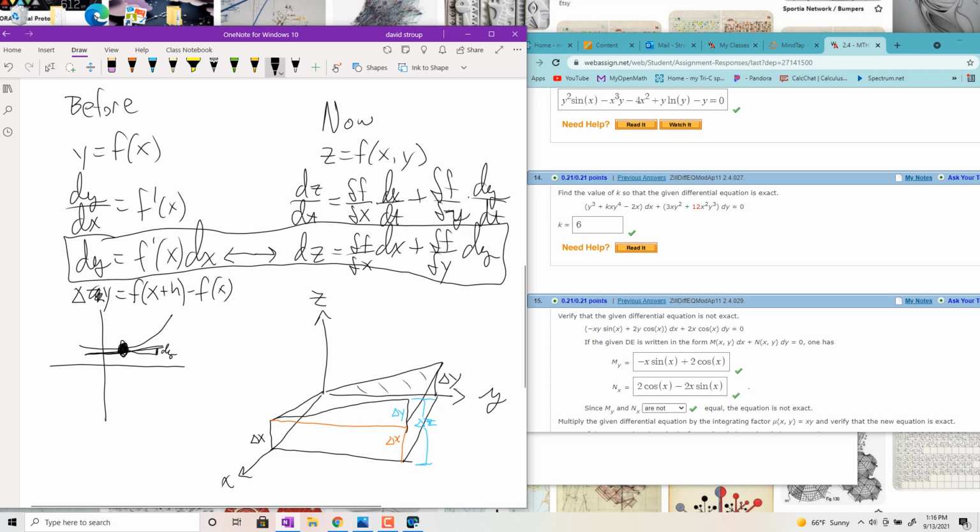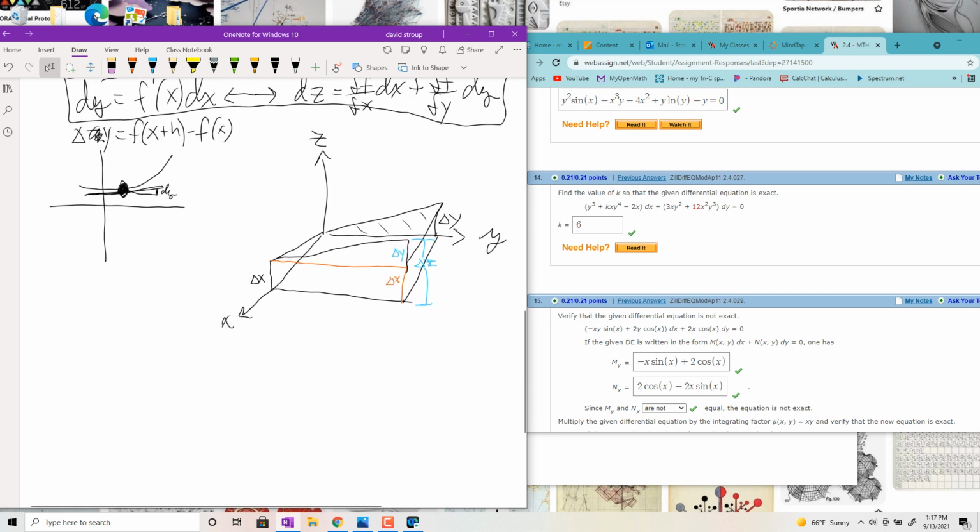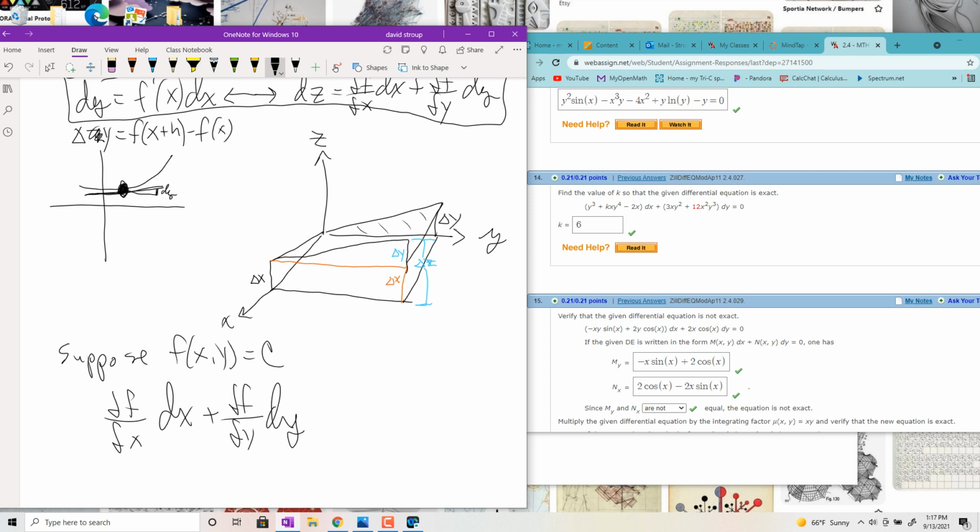If on top of everything else it turns out that this z equals f of x y is equal to some constant, then we could rewrite this differential form. So suppose then that f of xy is equal to some constant, then we could rewrite our differential form equal to 0. So the partial of f with respect to x, dx, plus the partial of f with respect to y, dy, would be equal to 0.